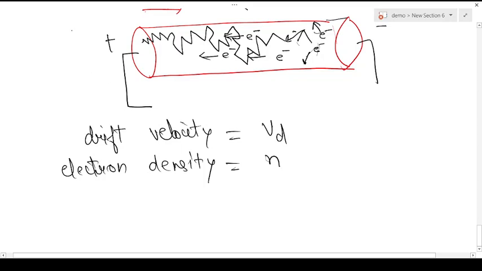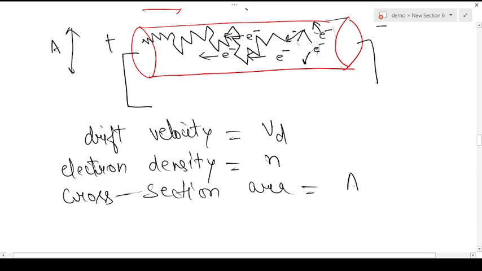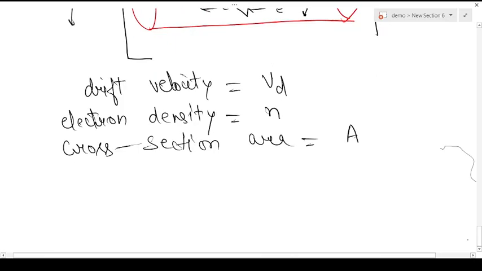Let's say the cross section area is A. Suppose the time taken by the electrons to reach the other end from right to left is T. Then we have to finally calculate how much charge has flowed from right to left.